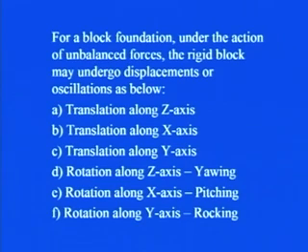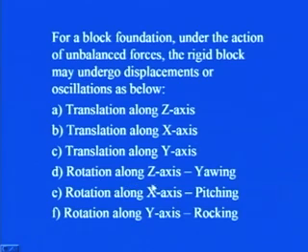So, there can be translation along this z axis, which is the vertical axis. First I will be telling you about the vertical axis, because usually we are more concerned about the settlement of the foundation, which occurs in the z direction. Then translation along x axis, translation along y axis, and similarly rotation about all these 3 axes.